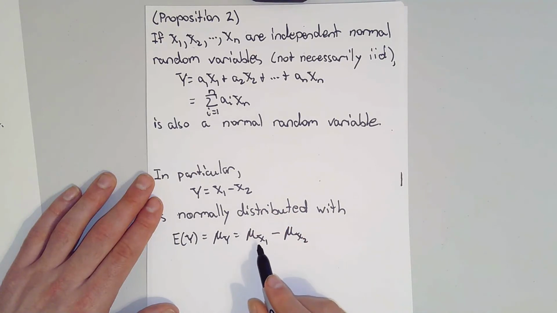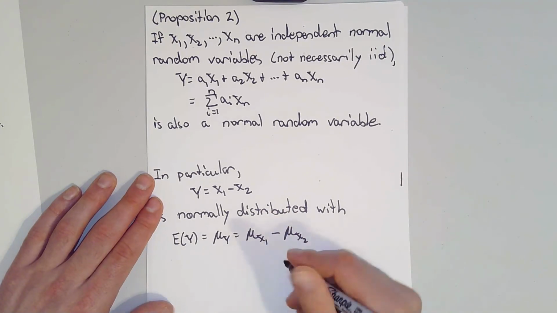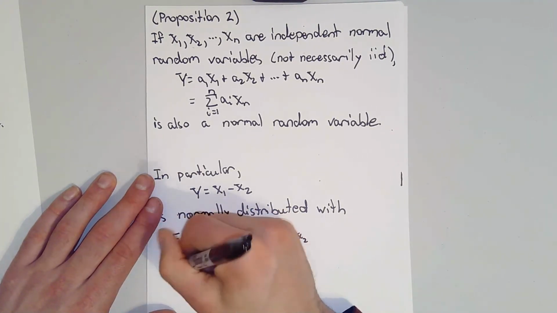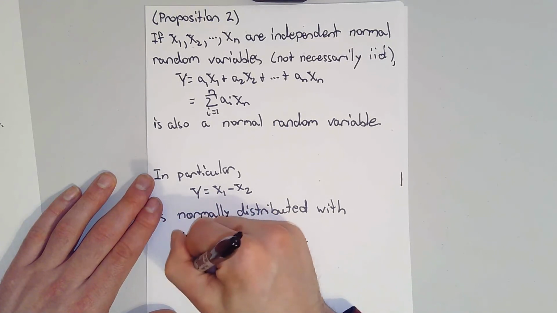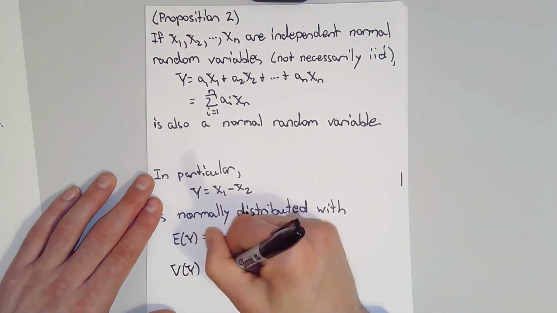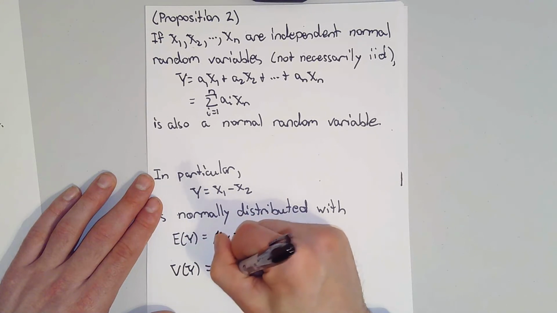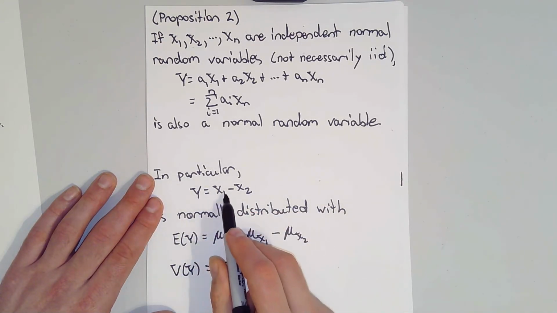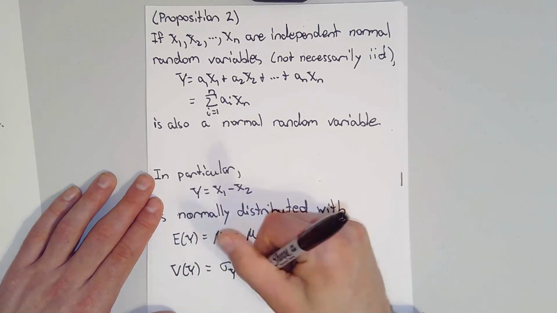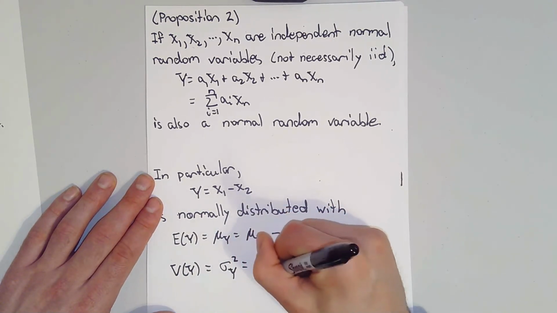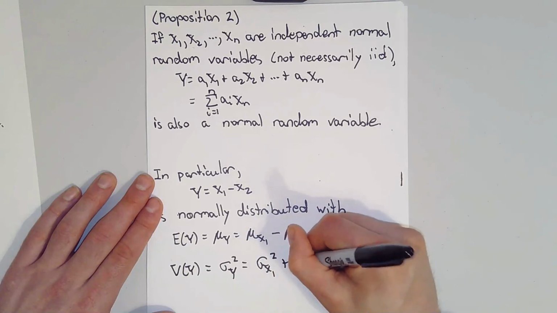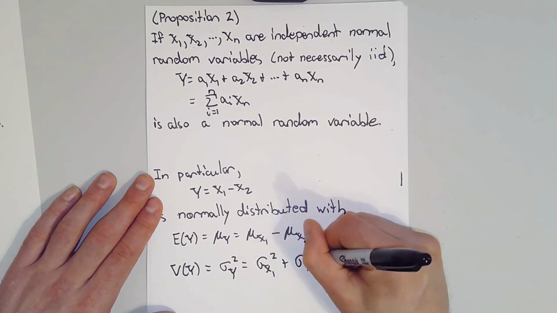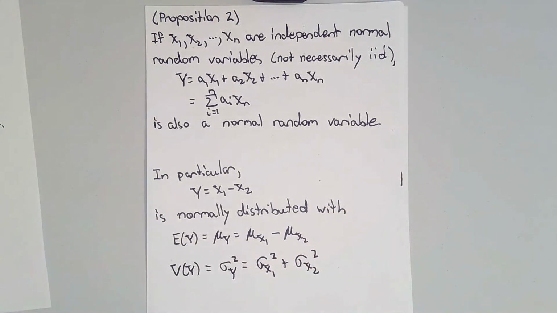So this is the expectation of x1 minus the expectation of x2. And the variance of y, denoted by sigma sub y squared, is the sum of the variance of x1 with the variance of x2: sigma sub x1 squared plus sigma sub x2 squared.